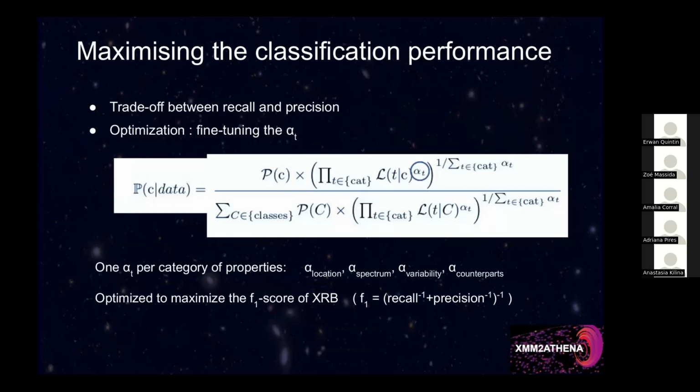Here we added a step called optimization, because you can also weigh more the properties that are most discriminant, by optimizing a quantity which is basically a weight for the different categories of properties. This is useful, for example, if you want to obtain the best results on one specific class you are interested in.